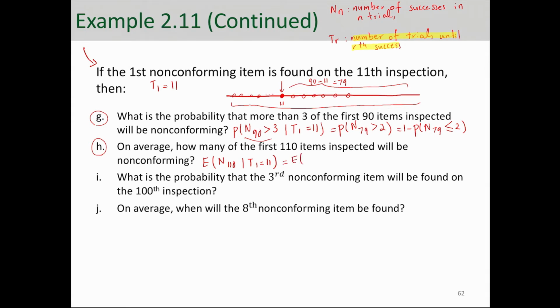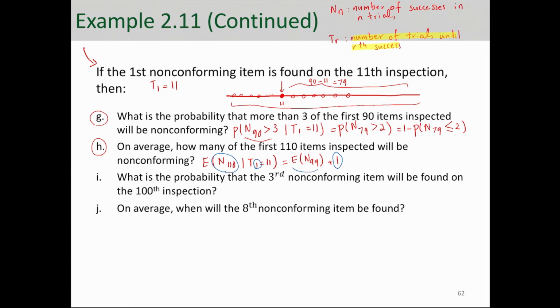So the expected value of N99 plus 1, right? And that 1 comes from here, because you've already seen 1 non-conforming. So for a fact, the expected value of N110 is going to be more than 1. By how much?